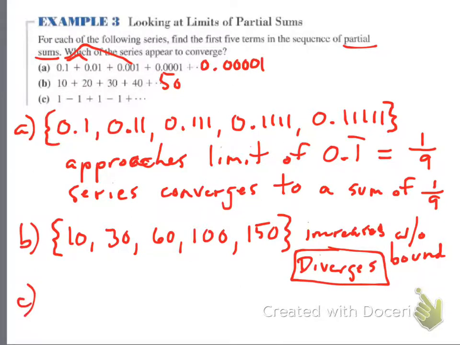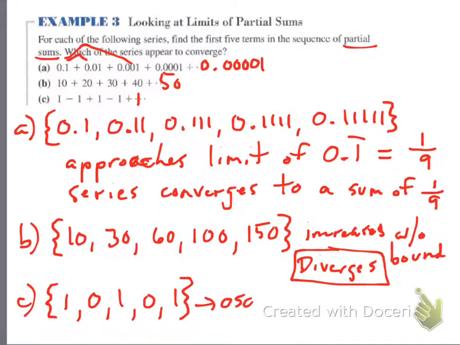Part C. First term, 1. Add the first two terms, 0. Add the first three terms, 1. Add the first four terms, 0. Fifth term, I believe, is going to be plus 1. Add the first five terms, 1. What happens? Okay?